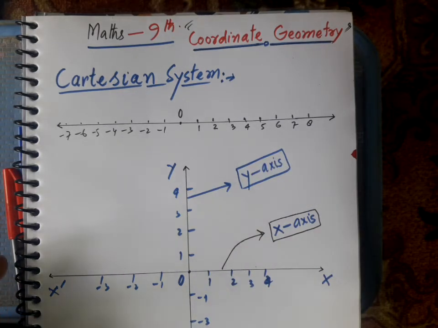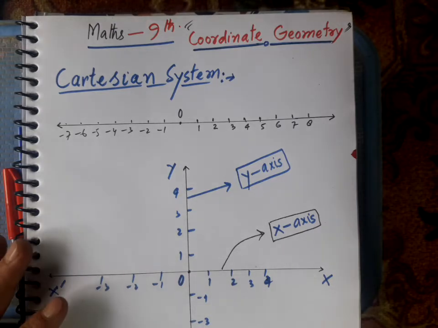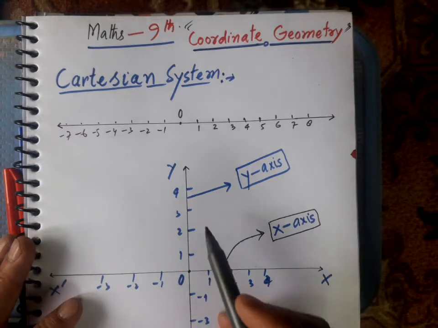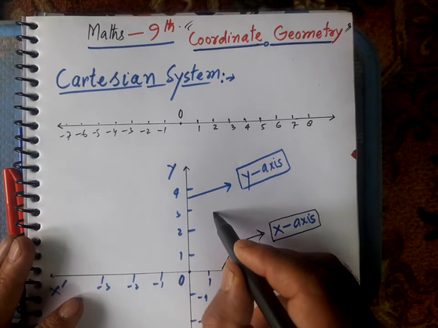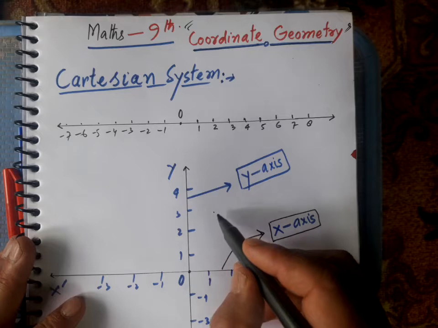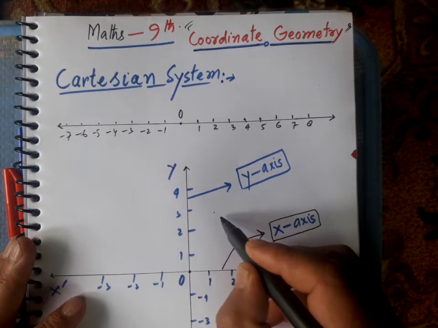So these two lines, that is the x-axis and y-axis, divide the plane into four parts, and each part is called a quadrant. We have four quadrants.